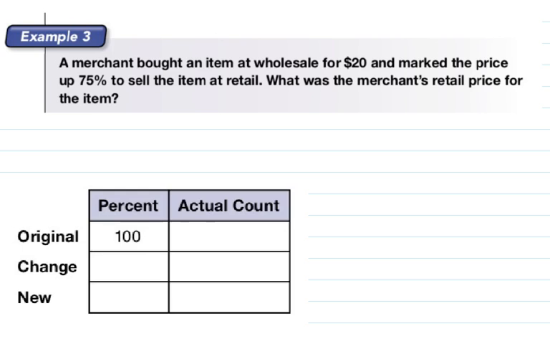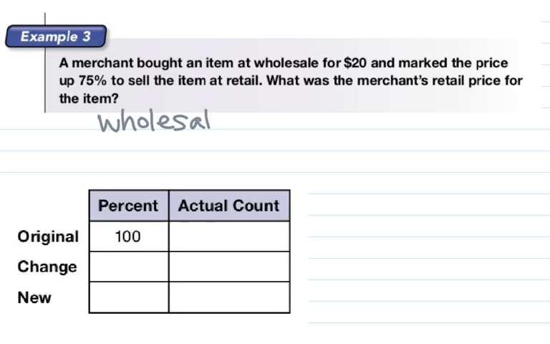Okay, finally, example 3, last one for the day. A merchant bought an item at wholesale for $20 and marked the price up 75% to sell the item at retail. What was the merchant's retail price for the item? Let's write our information given. He bought the item at wholesale for $20.